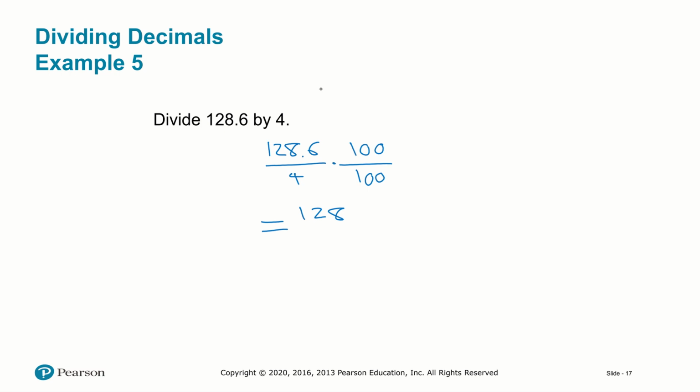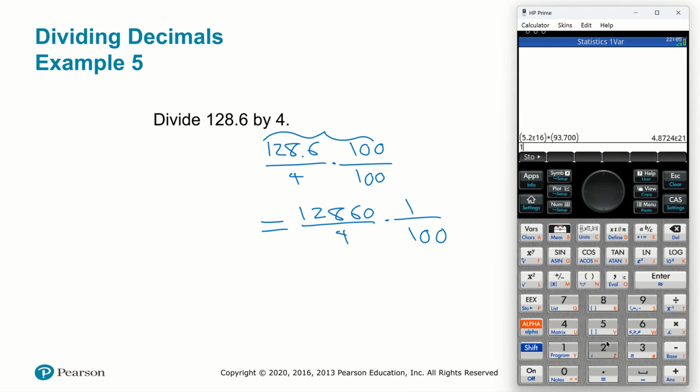So notice that I end up with 128, and you're going to move the decimal point on this one 2 places, 60 over 4. Now remember, this multiplication is taken care of now, right? So what you're left with is a 1 over 100, right? So if you take a look at that 12860 and divide it by 4, we know it's divisible by 4 because remember, the last 2 digits form a number that's divisible by 4, and that's the divisibility test by 4, right?